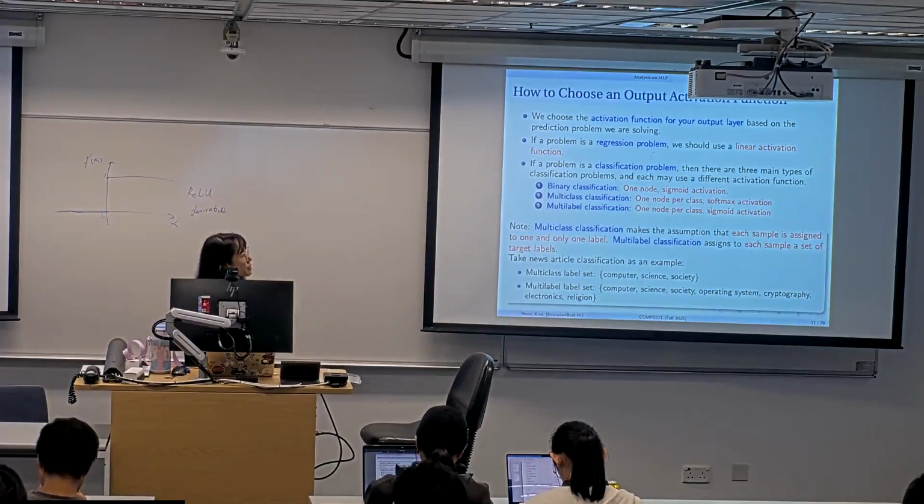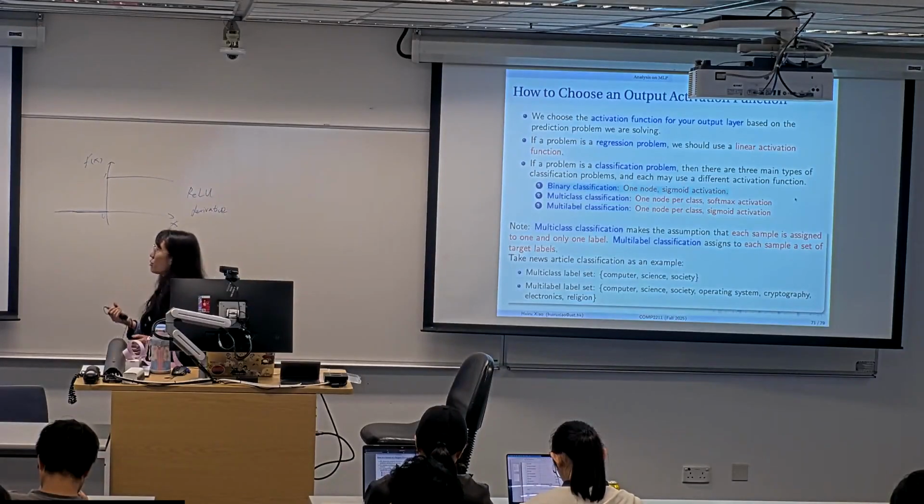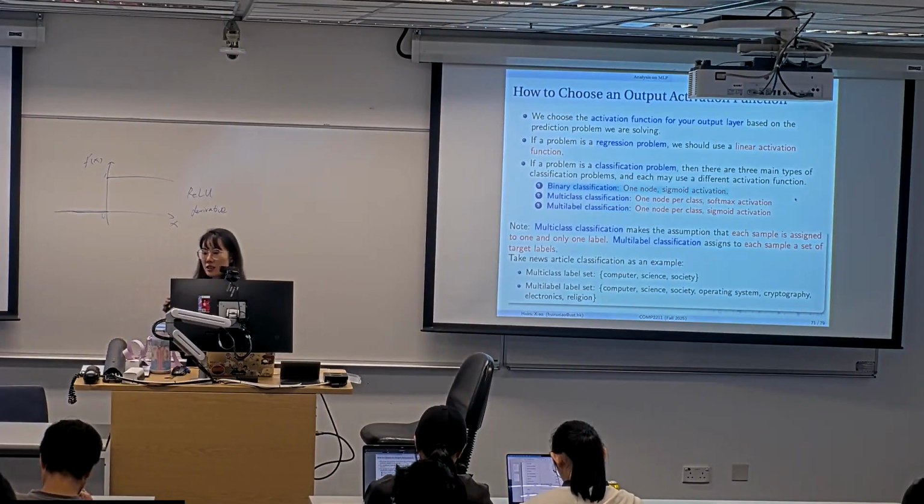There are 3 main types of classification problems. The first is binary classification. In this case, in the output layer, we only need 1 node with a sigmoid activation function, so that this output represents the probability of some positive class label.